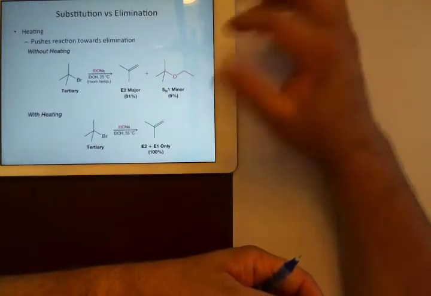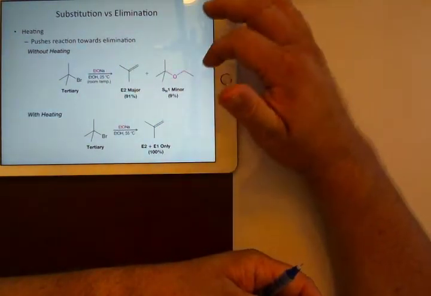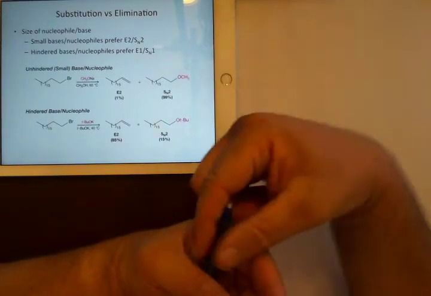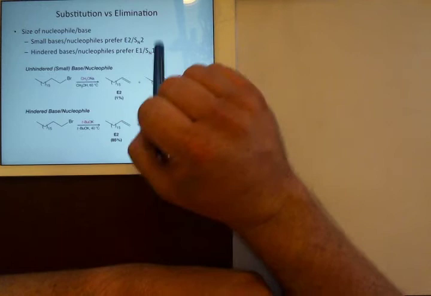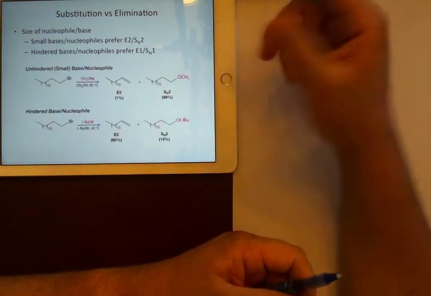Heating will also push it towards the elimination product. So small bases and nucleophiles prefer the E2, SN2. Hindered bases are going to go for that SN1, E1 preferred route.